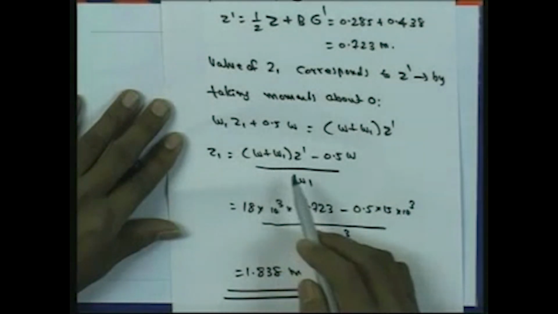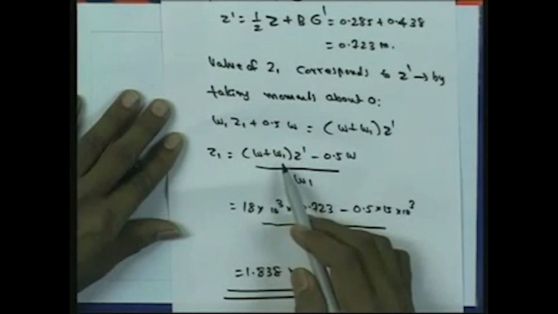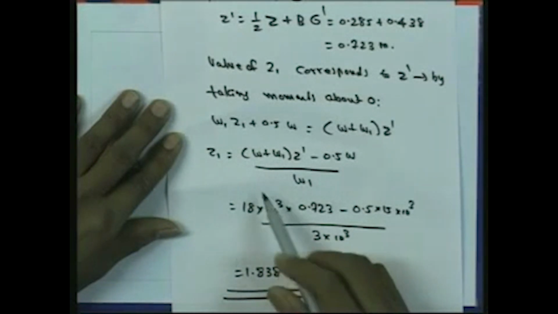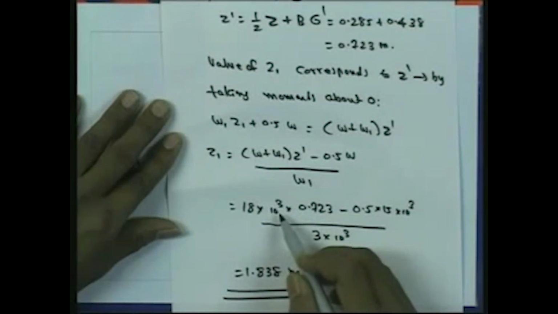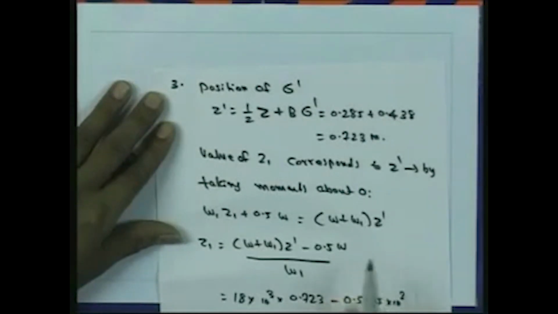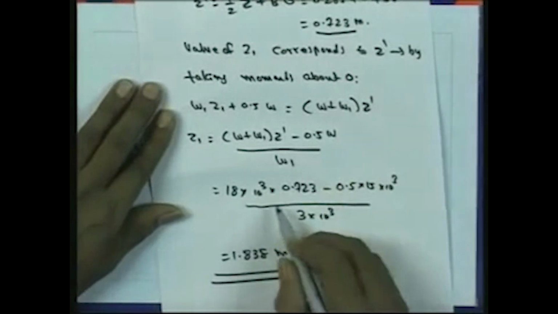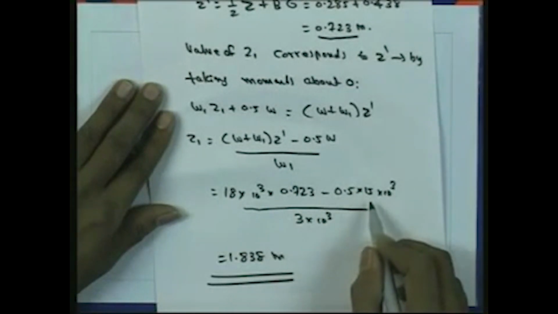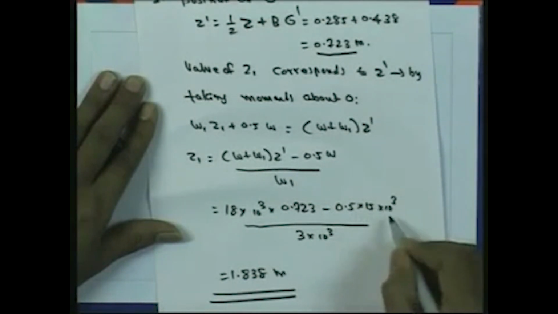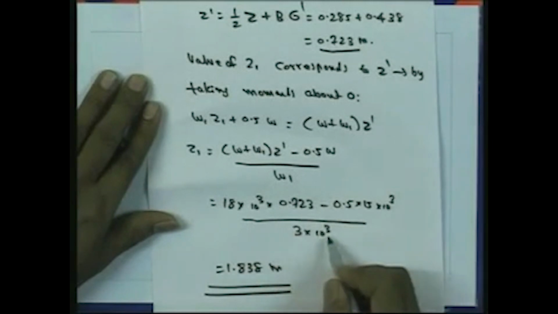Here in this case the weight of the buoy is 15 kilonewton and the extra load placed is 3 kilonewton. So it is 18 into 10 to the power 3 Newton, multiplied by Z dash, which we have already determined as 0.723 meter, minus 0.5 into 15 into 10 to the power 3, divided by W1, the extra load, 3 into 10 to the power 3.